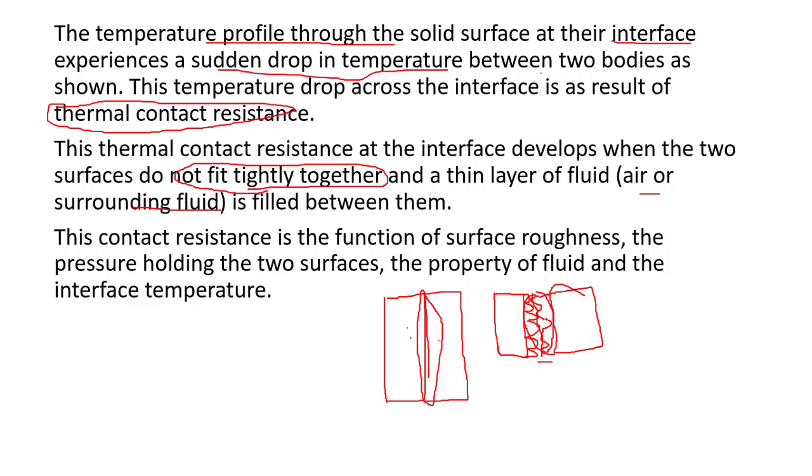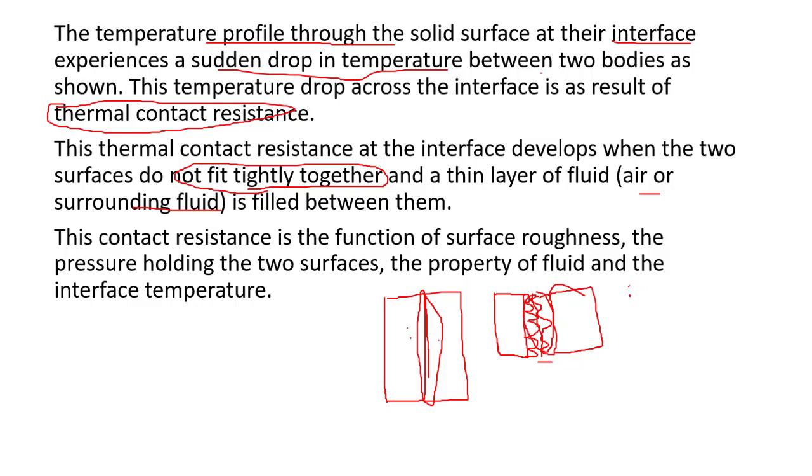So this gap is filled by the surrounding fluid. This contact resistance is a function of surface roughness, the pressure holding the two surfaces, the properties of the fluid, and the interface temperature.